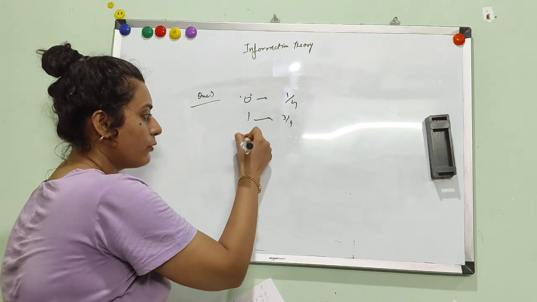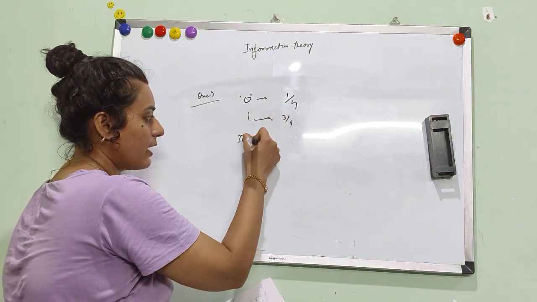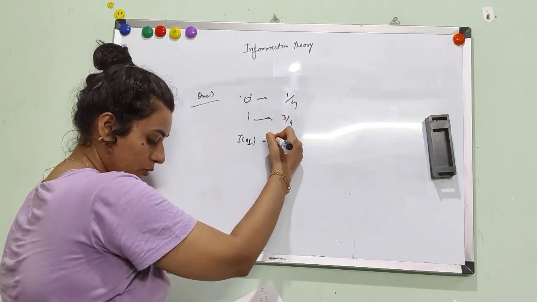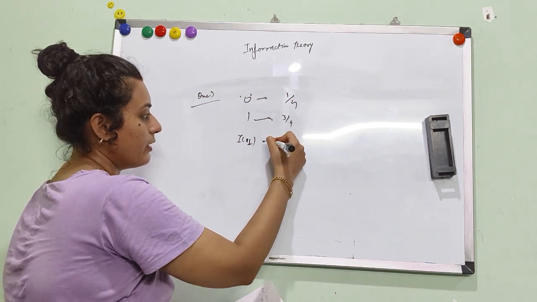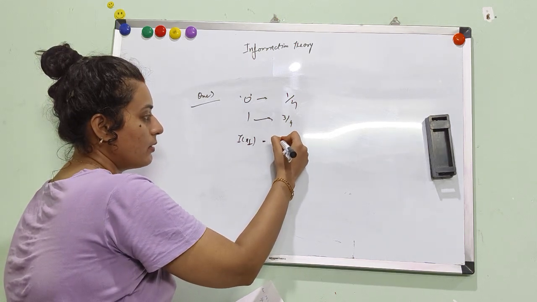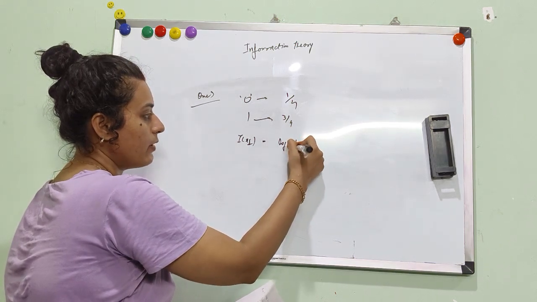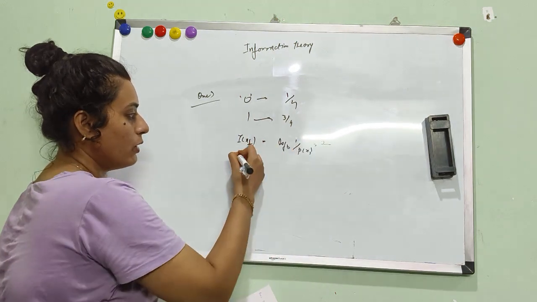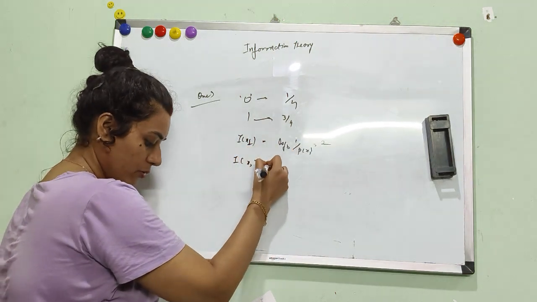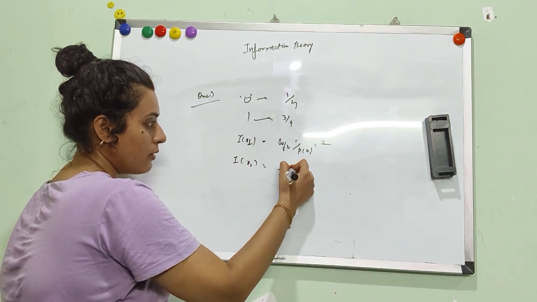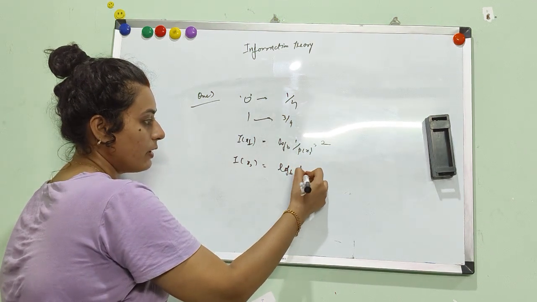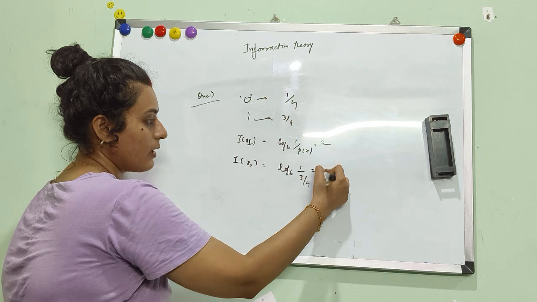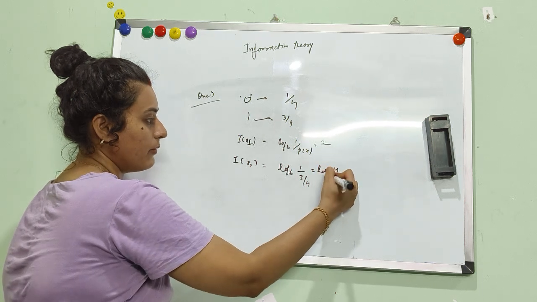So I am going to calculate I(x1), that is for 0. So what happens here? Log b of 1 over P(x1). This will be 2. For calculating I(x2), here log b of 1 over 3/4, and this can be log b of 4/3.